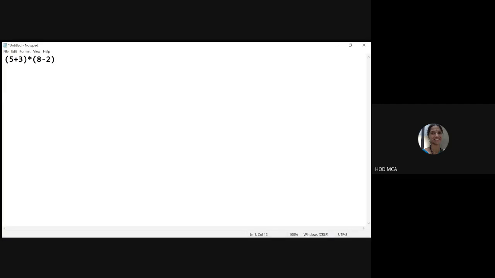Yeah, this is an infix expression. You have to convert it into postfix, then evaluate the postfix expression. You are able to see? Can I have some response? Yes, ma'am. Yeah. So convert it into postfix, then evaluate the postfix expression and give me the answer.